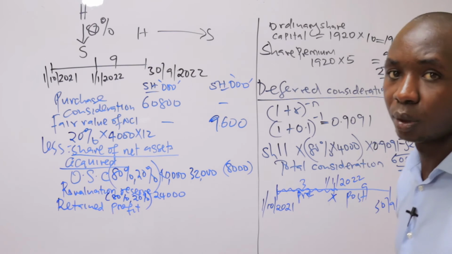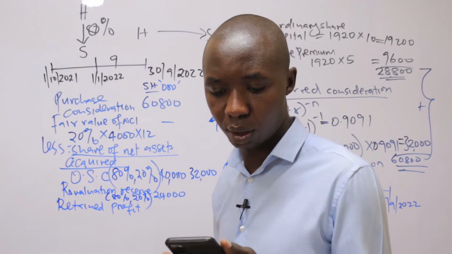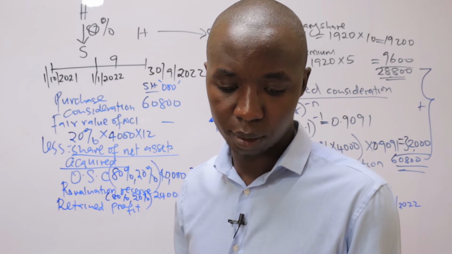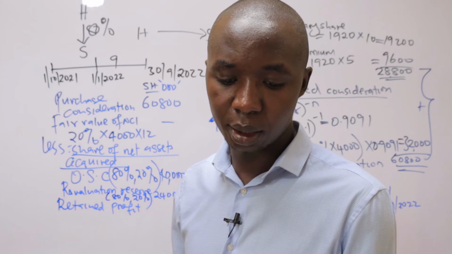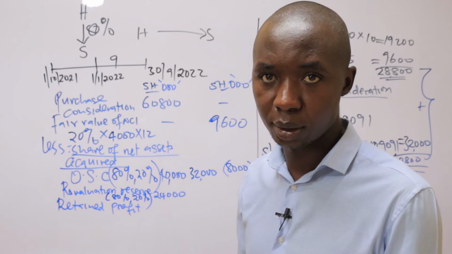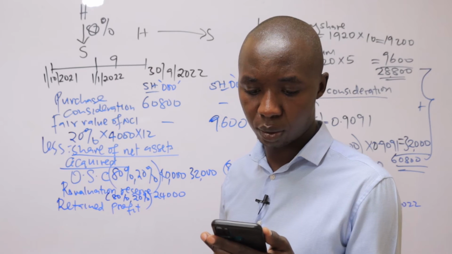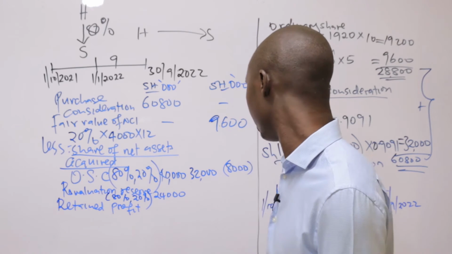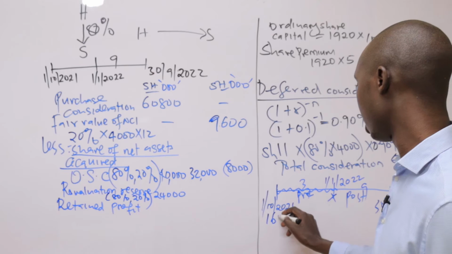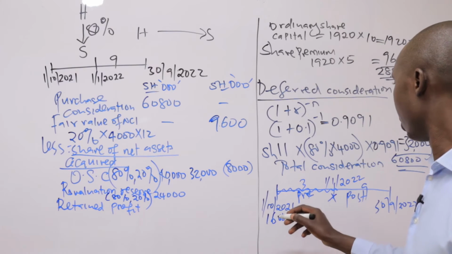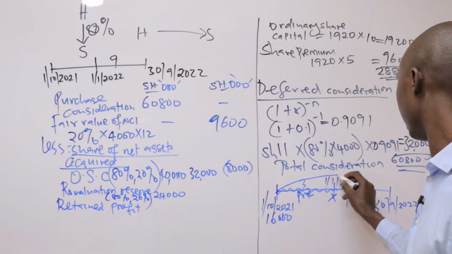So according to the question, additional information number 7, they said as at 1st October 2021, the retained earnings of S, as at the start of the year, were 16,000. But we know we have the profit for the year.